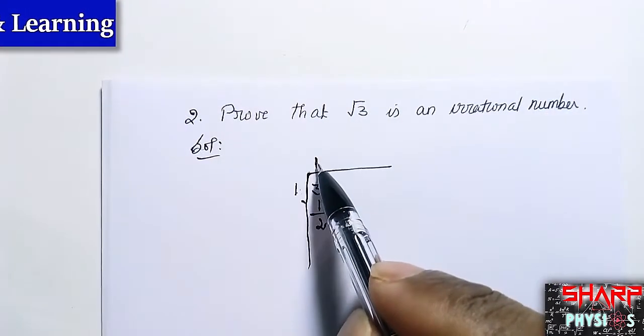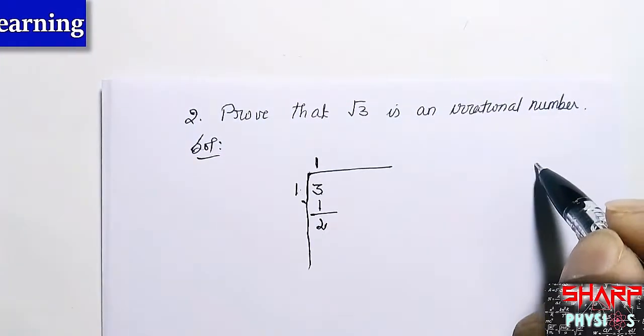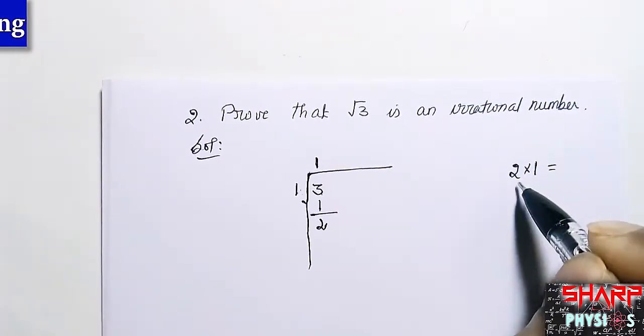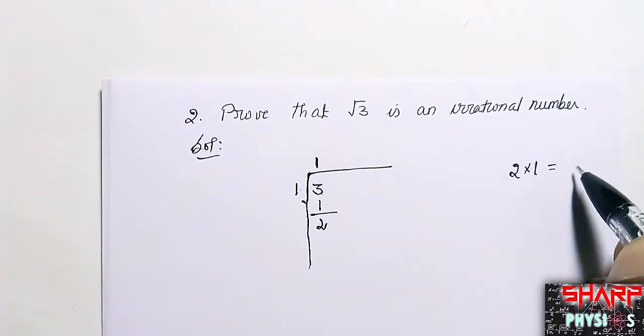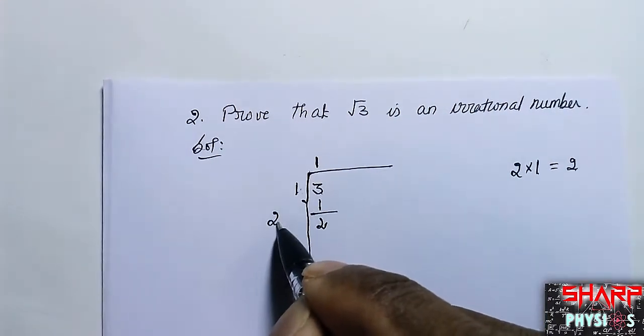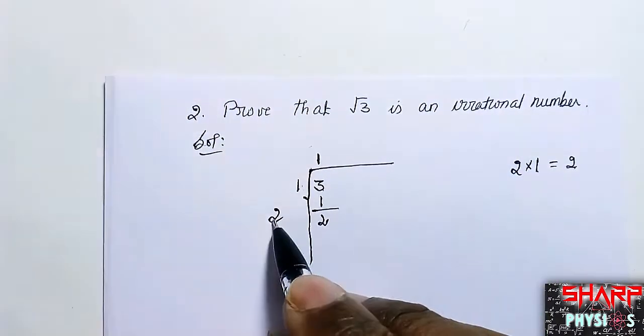So in the numerator you have 1, so write 1 here, and you have to multiply by 2, because it is square root 2 into 1, you get 2. The same 2 you have to write it here.